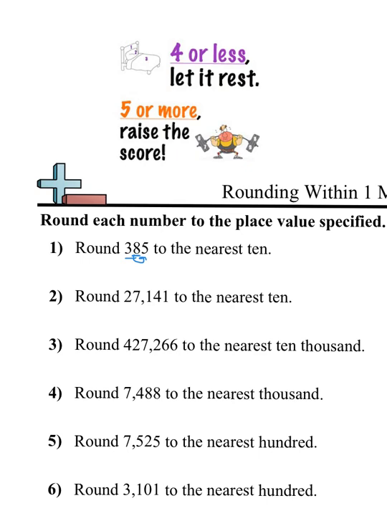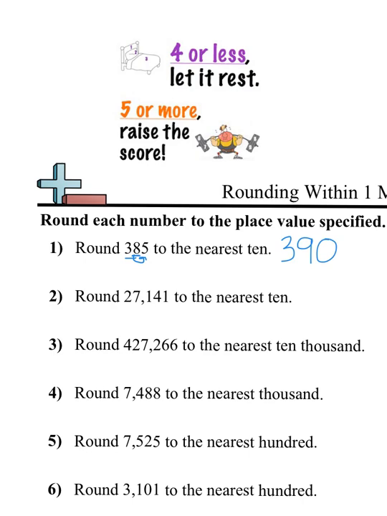So we need to round up, and that means we're going to round our 8 up to a 9. Anything before our target place value, the tens place, is going to stay the same, so the 3 in the hundreds place will stay the same. The 8 rounds up to a 9, and anything after that target place value will become a 0. So when we round to the nearest tens place, our answer is 390.